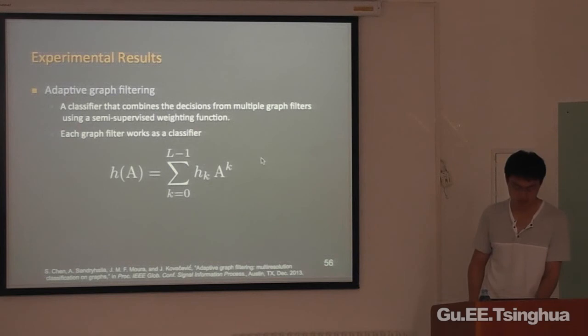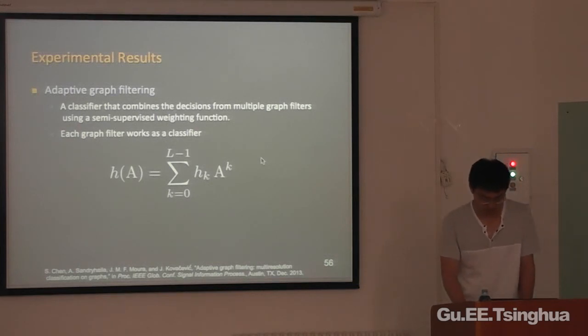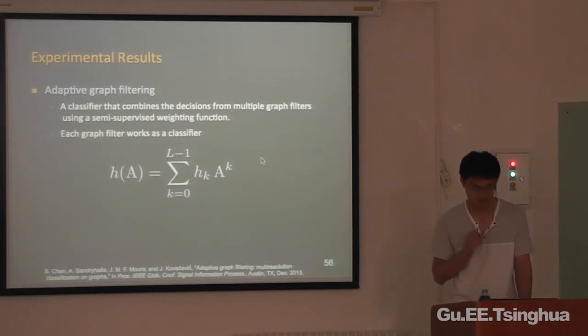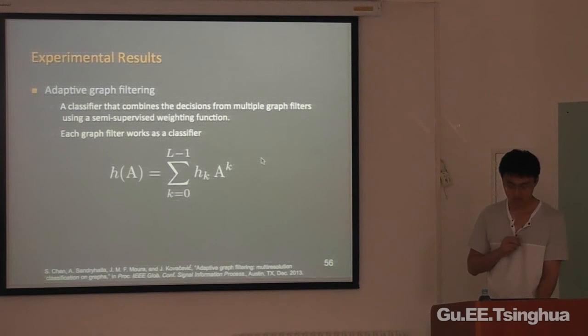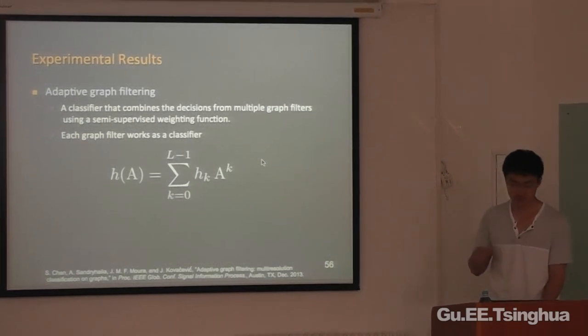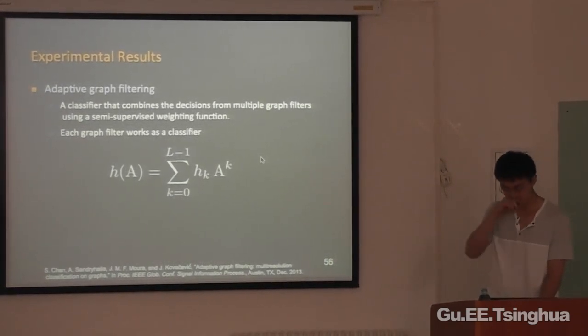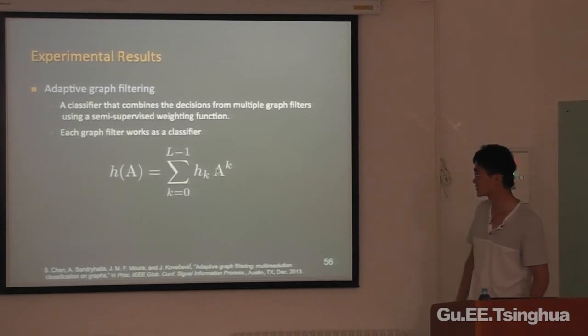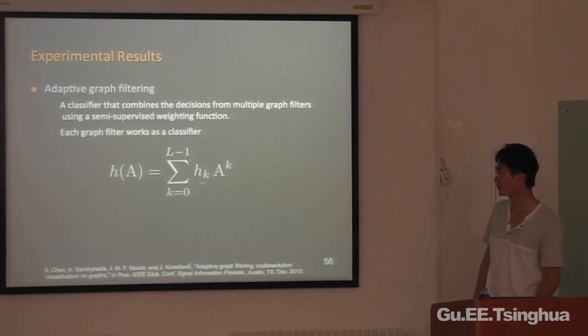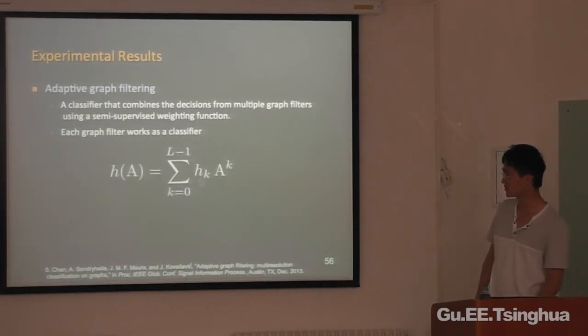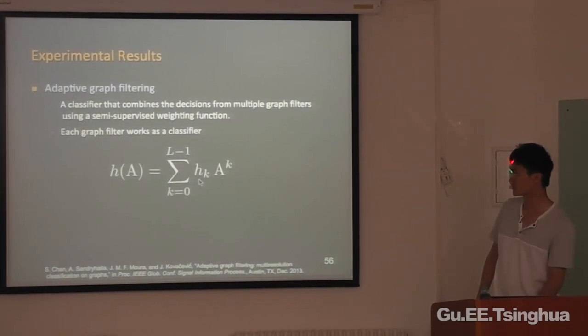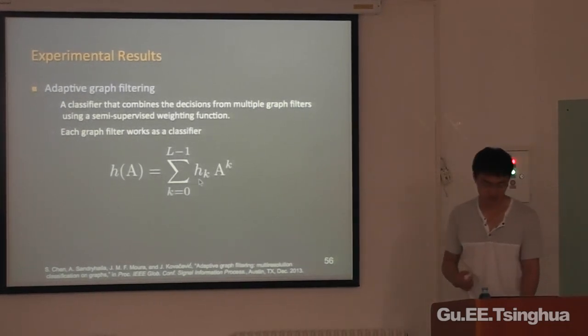And this one, adaptive graph filter, I proposed last year. It's a semi-supervised classifier that combines decisions from multiple graph filters, and you train the filter coefficients in a semi-supervised way.